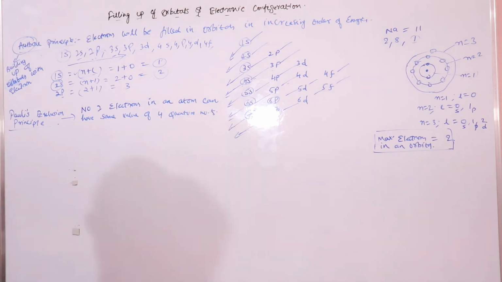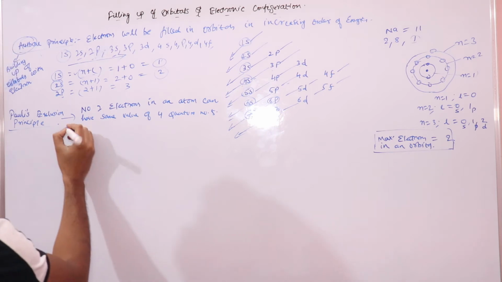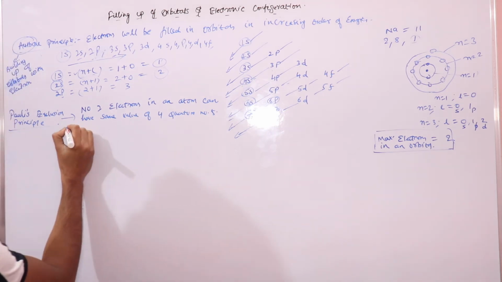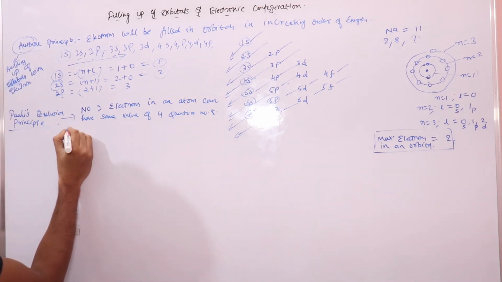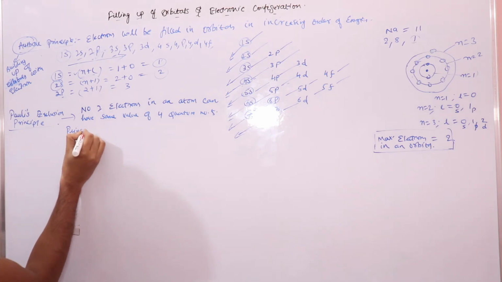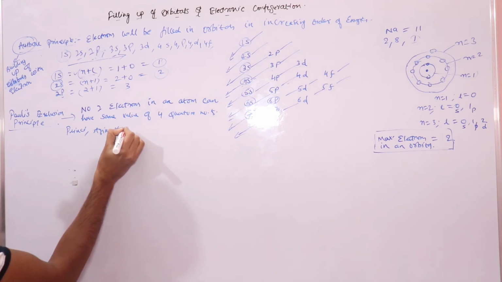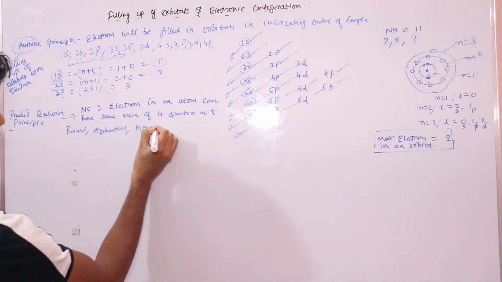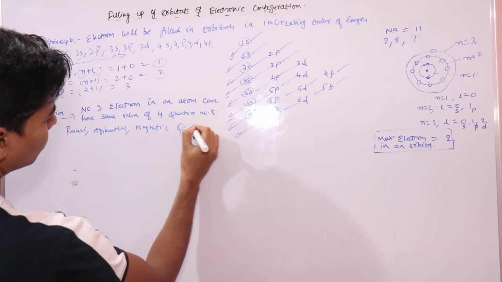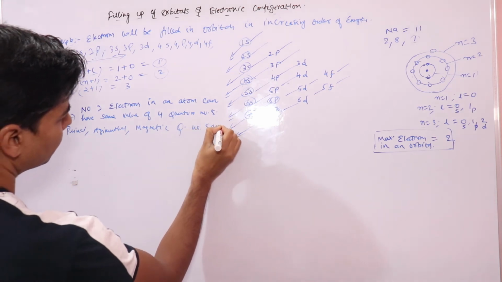So they can have the same principal, azimuthal, and magnetic quantum number, right?